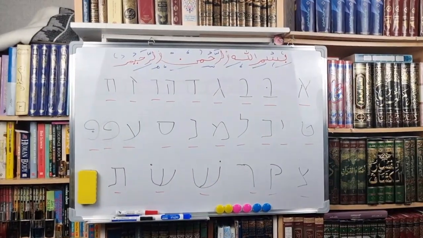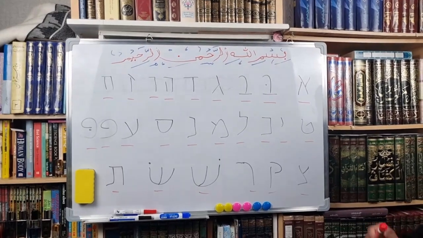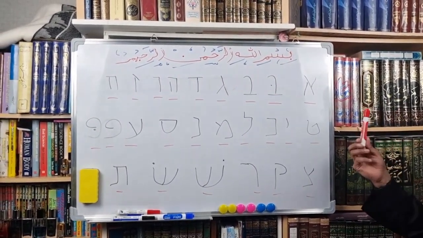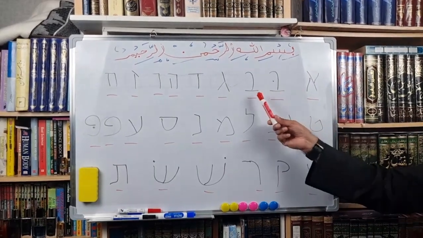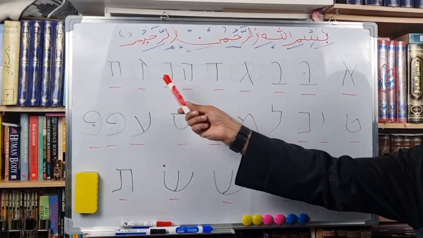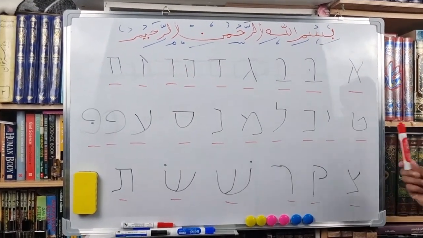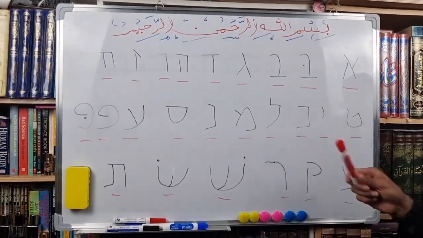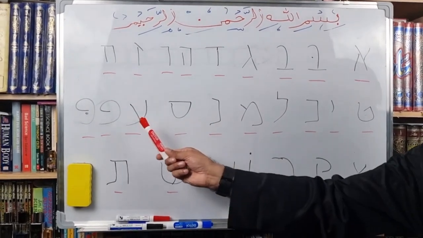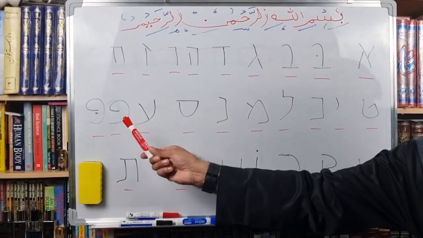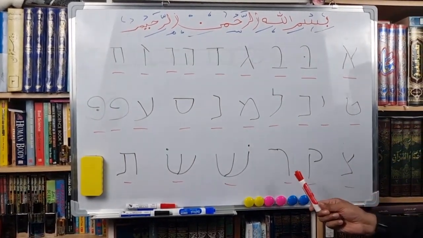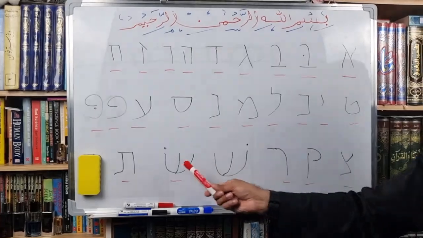Let's have a look at it now with the phonic sounds only and not reading the letters and the Niqud together. So the sounds would be a, b, v, g, d, h, w, z, kh, t, y, k, l, m, n, s, a, p, f, z, q, r, sh, s, t.